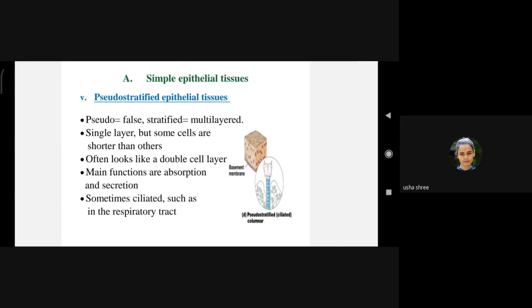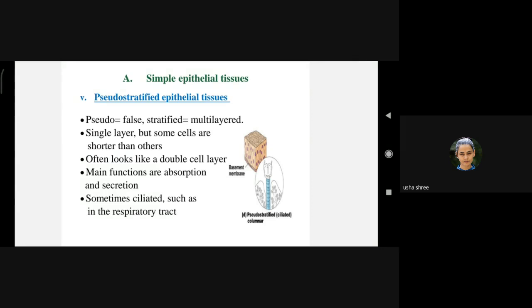So pseudo means false and stratified means multi-layered. It is single layered, but some cells are shorter than others, so they appear like multi-layered.